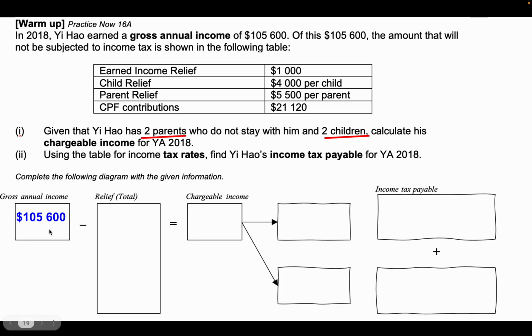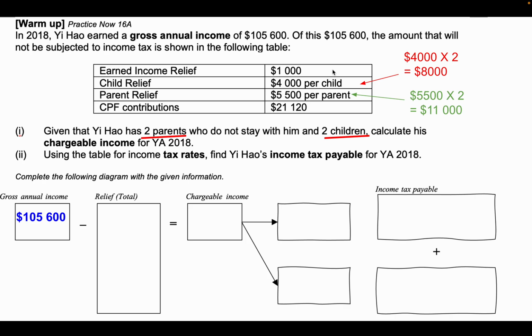And for the reliefs that he has is for two parents and two children. So look out here. So later he will have this earned income relief, but for child relief, it is only $4,000 per child, but we take note there are two children. Parents is $5,500 per parent, and we have to take note there are two parents. So we can calculate this over here.